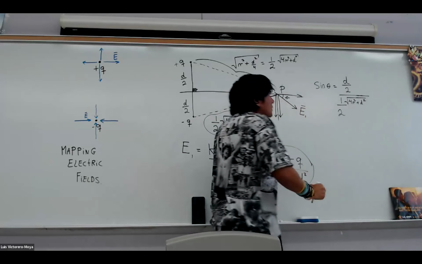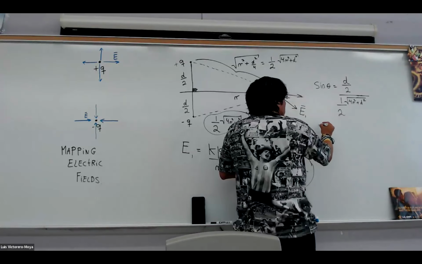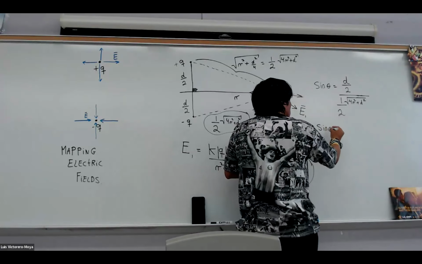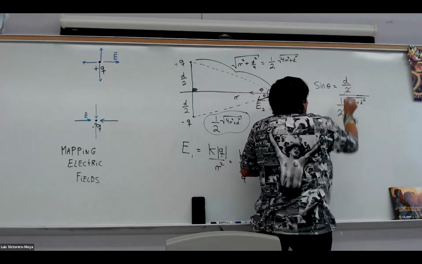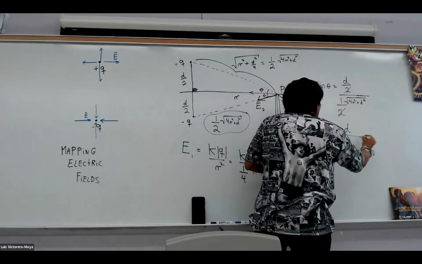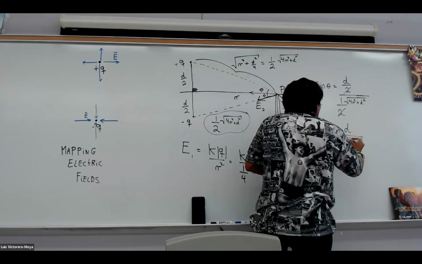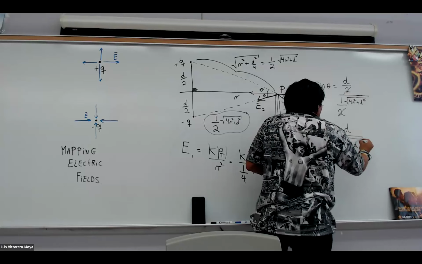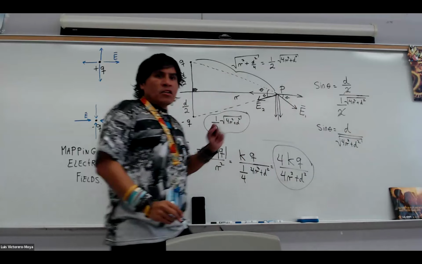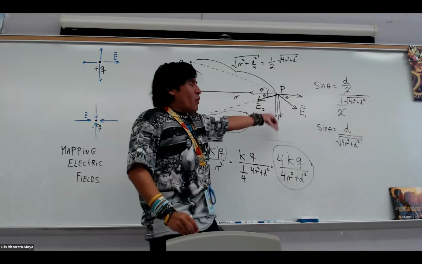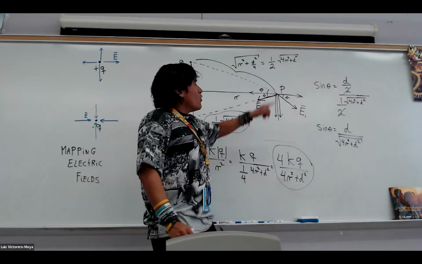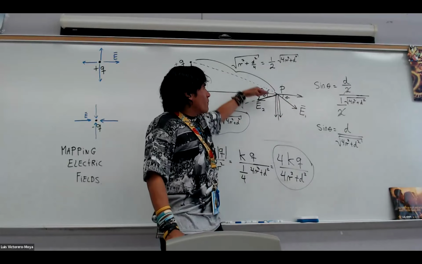Like that. So my sine is this. Okay, that's the sine of theta. You need that for the y component. Sorry, for the x component. You need that for the x component.